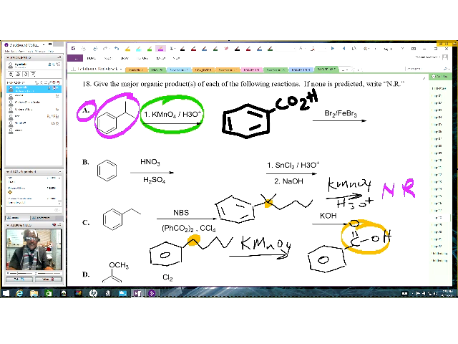In other words, for that reaction to take place, the carbon that is attached to benzene must have a hydrogen atom.